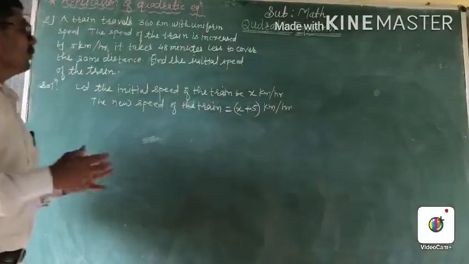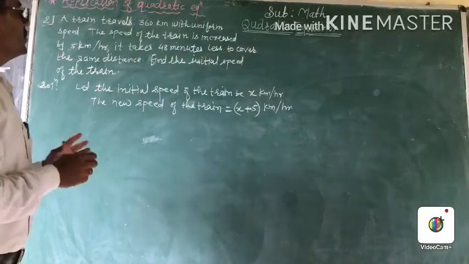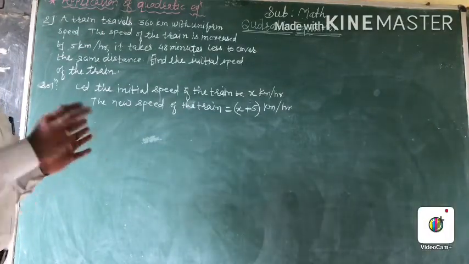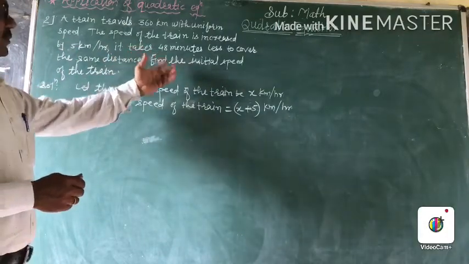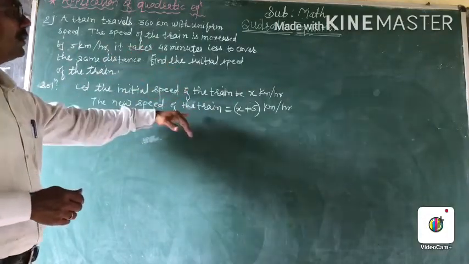Now we have the condition, and from that condition we form the equation here. There is a difference of times between the initial speed and the increased speed.